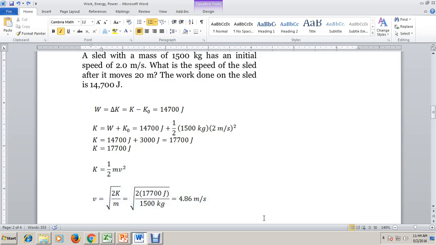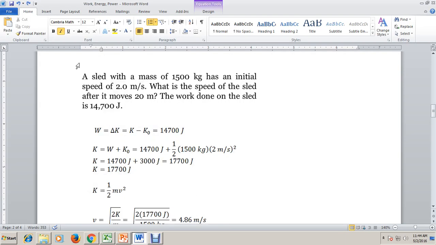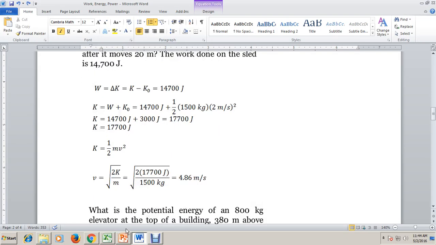So substitute, this becomes the square root of 2 times 17,700 joules over 1,500 kilograms. That gives us 4.86 meters per second as the final speed of the object when the object went through the distance of 20 meters. Okay?